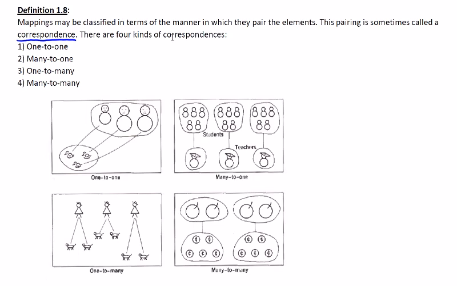And essentially these are listed in the order of complexity. The many-to-many is certainly the most complex, while the one-to-one is the most simple. And these illustrations that are here, I think, will help you to be able to see a little bit better how these types of correspondences are classified.